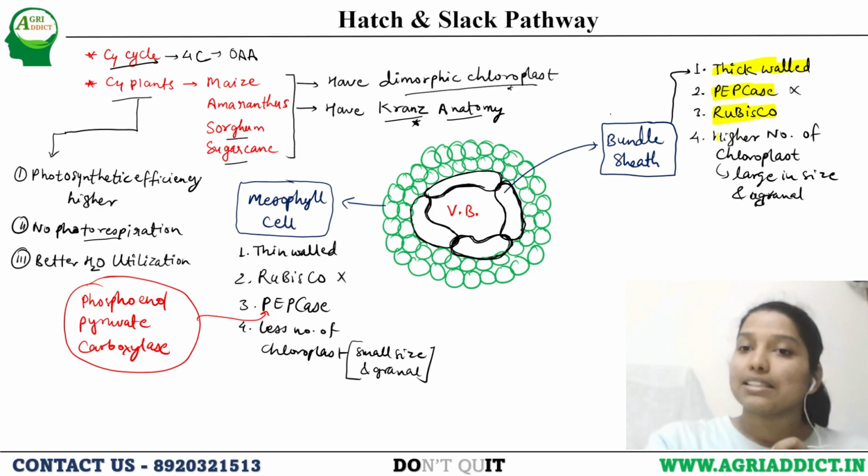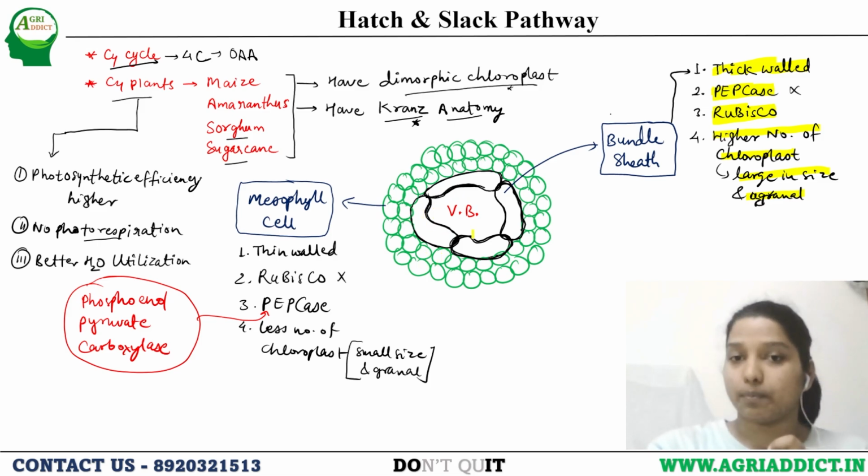In bundle sheath cells, there is a high number of chloroplasts, which are large in size and agranal, meaning they do not have grana in them. Now comes the second kind of cell, which surrounds the bundle sheath cells: the mesophyll cells.